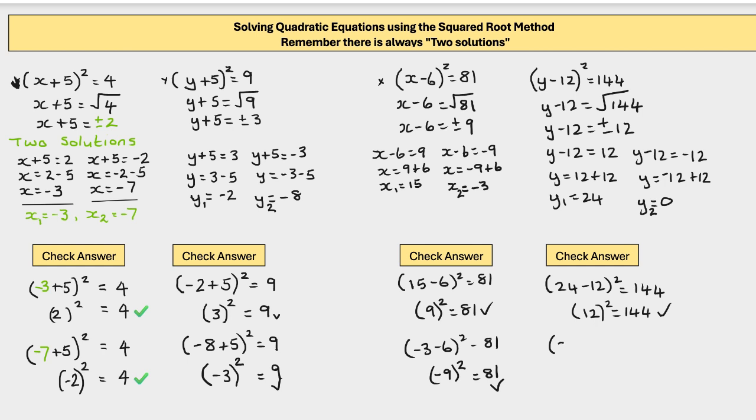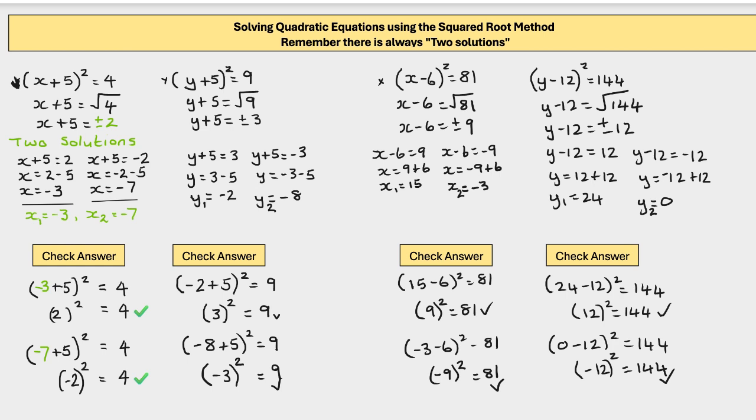And the second one is (0 - 12)² = 144. 0 - 12 is obviously -12 squared, and you can't have a negative squared. So 12 to the power of 2 equals 144. You've got your answer right.